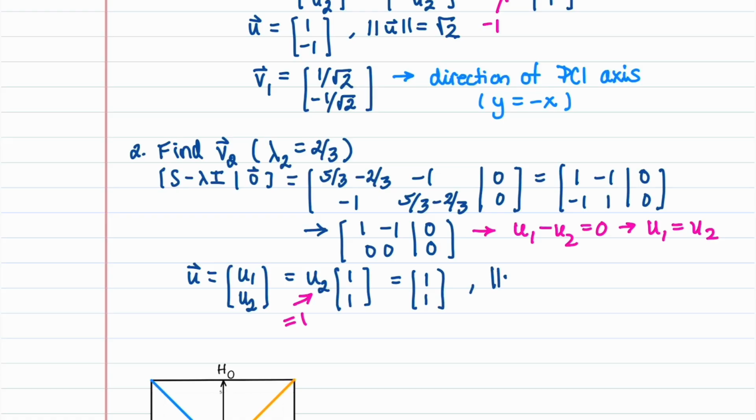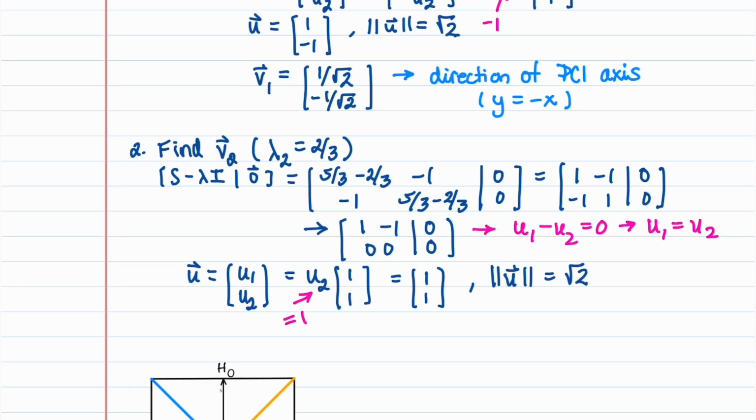This eigenvector also has a magnitude of root 2, and that tells us that our second eigenvector is equal to 1 over root 2 and 1 over root 2. I forgot up here to highlight our first eigenvector, and then we'll highlight our second one.